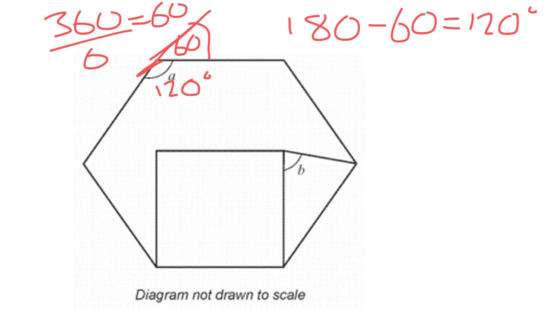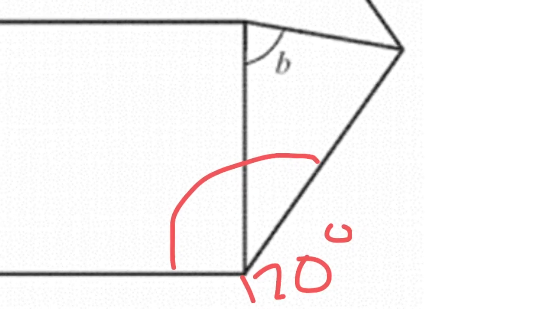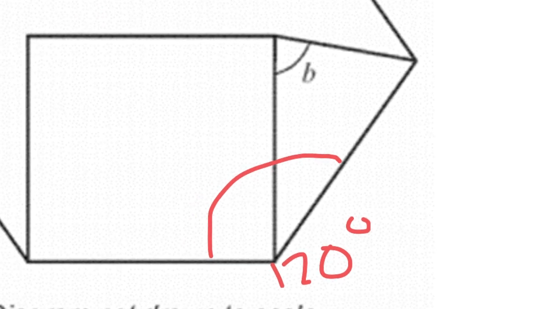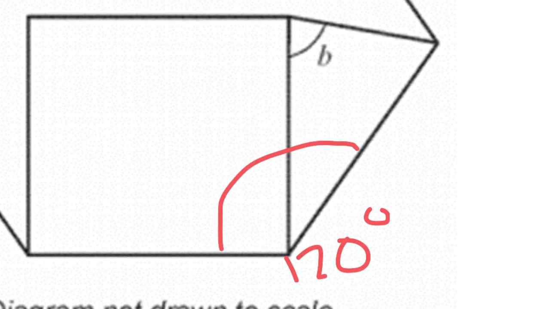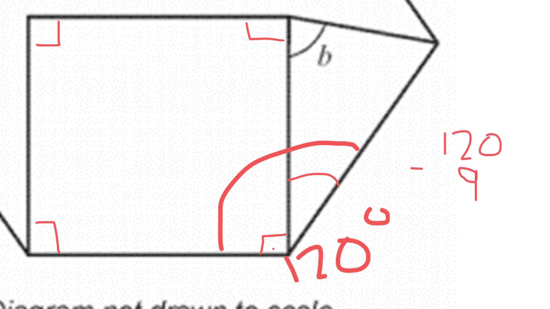Because it's a regular hexagon, this angle here is also 120 degrees. I'm going to put it outside because there's a little bit more work I need to do with that angle. This shape is a square, and we know squares have 4 right angles. The one I'm interested in is this one here. I can now work out that angle in the triangle, which is 120, take away the 90, which will give me 30 degrees.